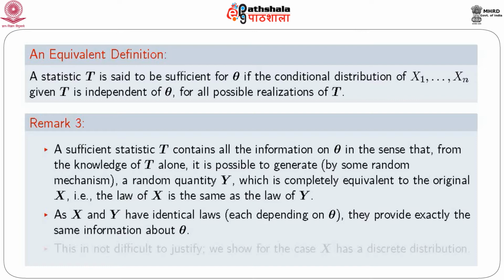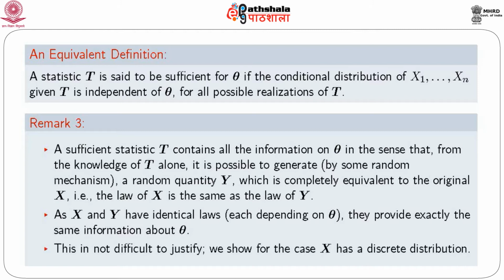That is, the distribution of x is the same as the distribution of y. As x and y have identical distributions, each of them depending on theta, they provide exactly the same information about theta. That is why we say that there is no loss in information.